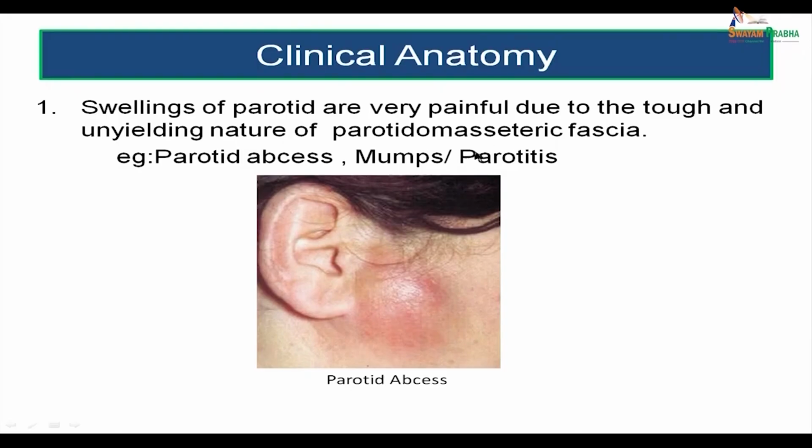They are painful because of the covering, the parotidomasseteric fascia, which is very tough and unyielding. So, why do we get these swellings? We can get these swellings due to an abscess called parotid abscess or inflammations of the parotid gland, parotitis or mumps.